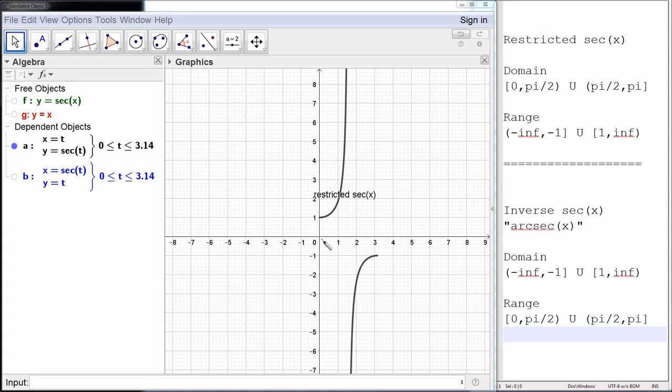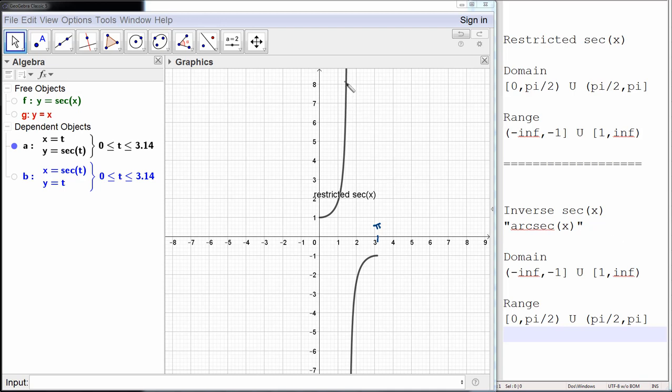If you look at the domain, it looks like we started with x being equal to 0, and we end with x being around 3. But you should know from experience that when you're dealing with trig functions, whenever you have something that's around 3, that's probably pi. So let me write that down: the upper bound for x is actually pi.